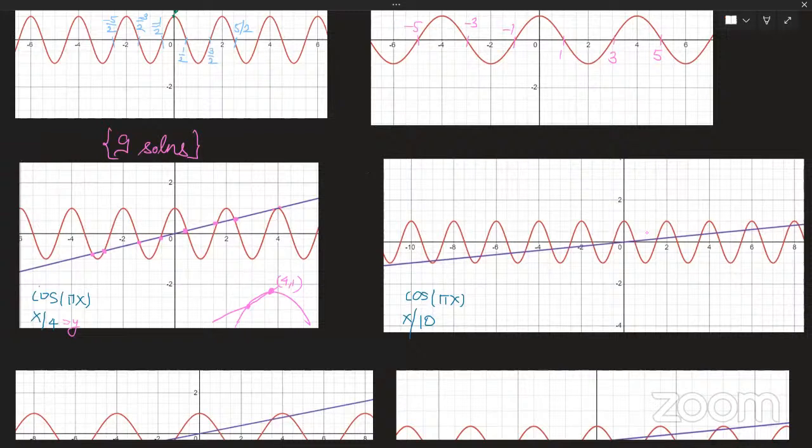Okay, so see, this is again the same thing. y is equal to cos of pi x and y is equal to x by 10. Come on, tell me quickly. 19.